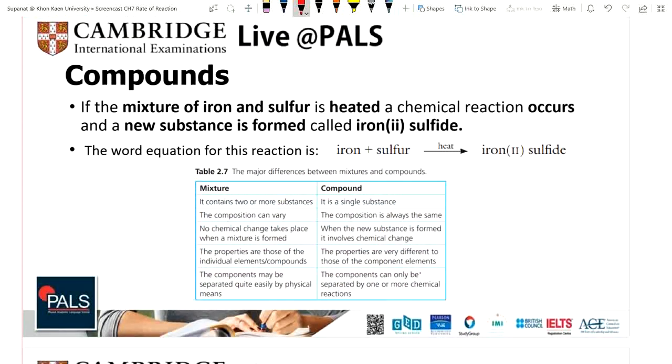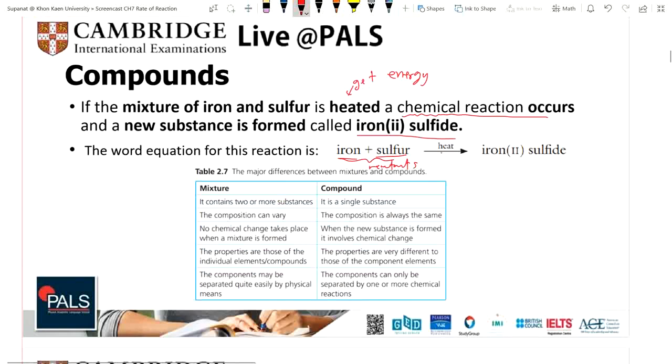Compound. What's the compound? For example, if the mixture of the iron and sulfur is heated, which means it gets energy, a chemical reaction occurs, and a new substance is formed, which we call iron 2 sulfide. For the word equation, iron reacts with sulfur. Here on your left hand we call the reactants.